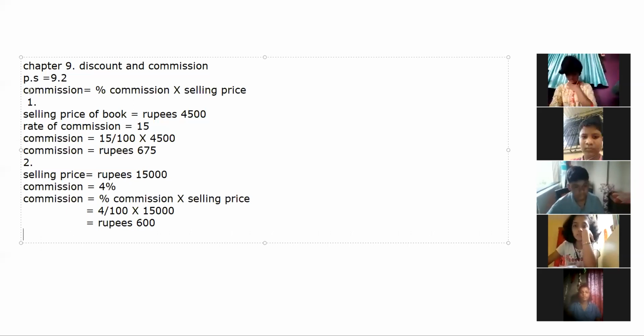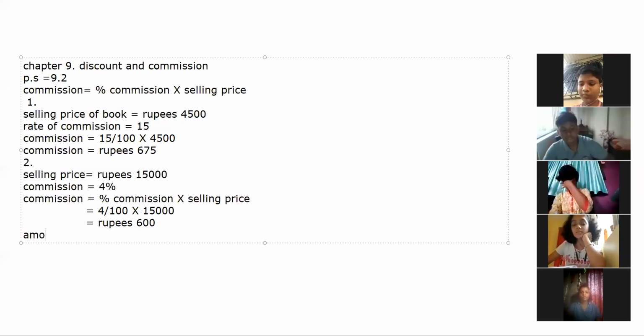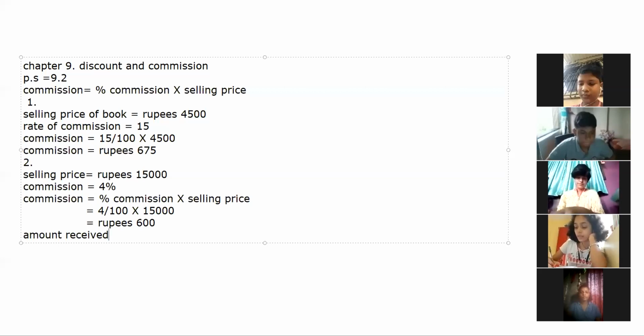Okay. Now here you had found out the commission, right? After this, you have to find out the amount received by Rafiq. So to find the amount, amount is equal to SP minus commission.